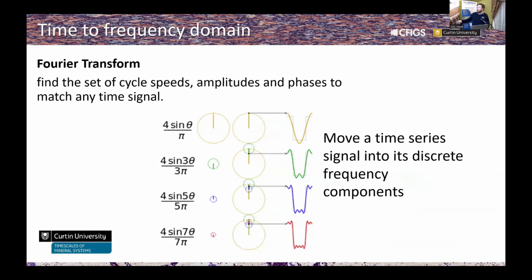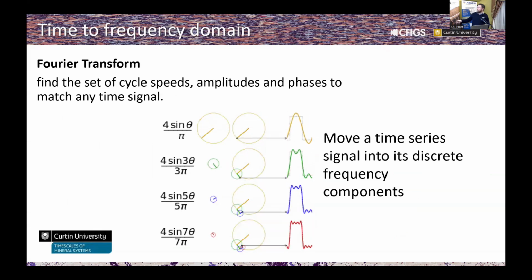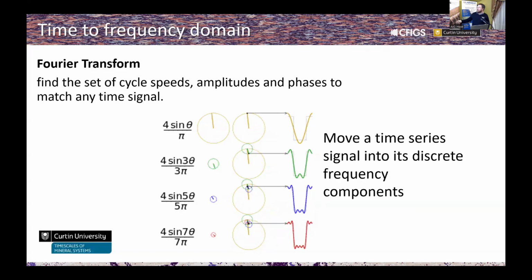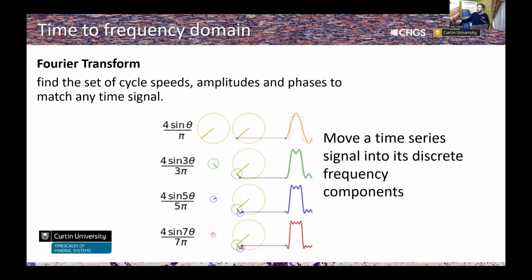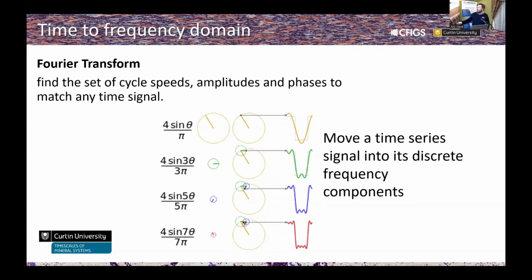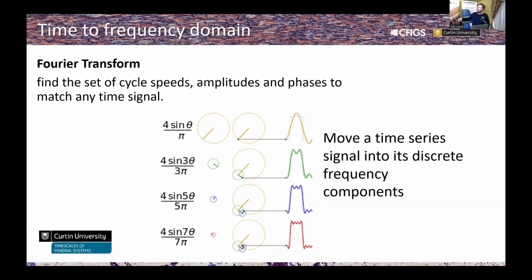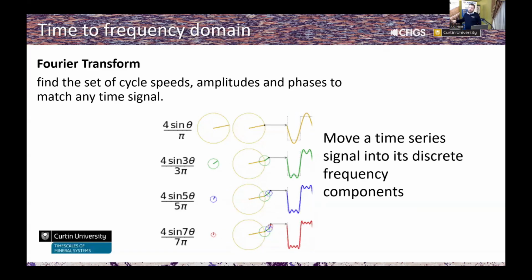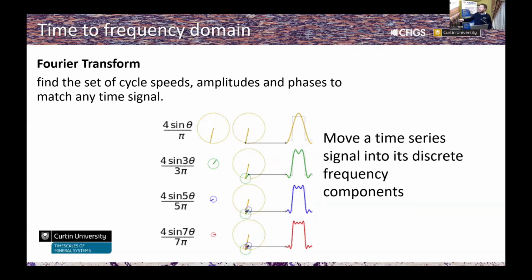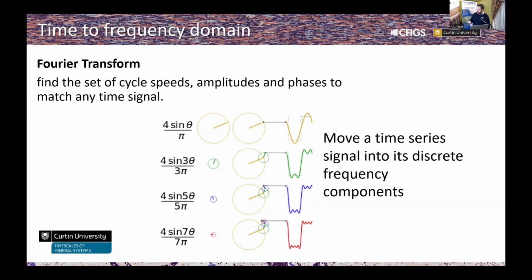Let's make this into a more complex signal. Let's add another frequency component. We can do that by adding this other circle, which is rotating around. We can make it even more complex with the blue, and even more complex with the red. The point is I can describe any time series or any frequency with this technique that will deconvolve it into its individual components.